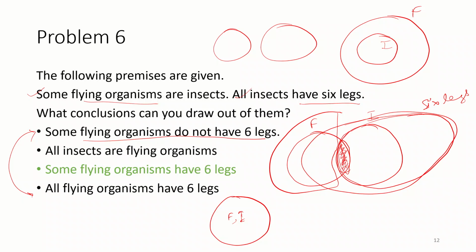So something should be necessarily true, something can be possibly true. These are something that can be possibly true. If two statements, two premises are not directly connected, those can be possibly true. So we cannot take the possible consideration as the answer. Possible considerations can't be taken.